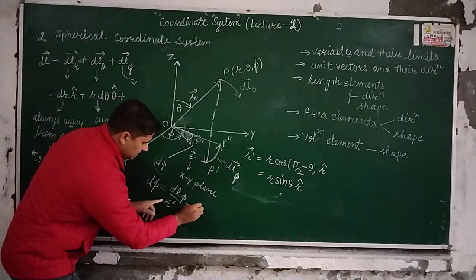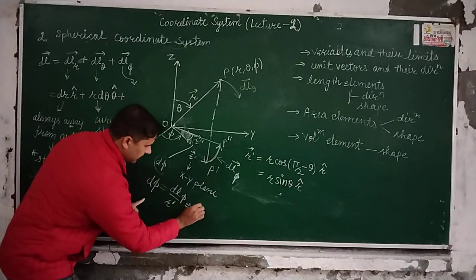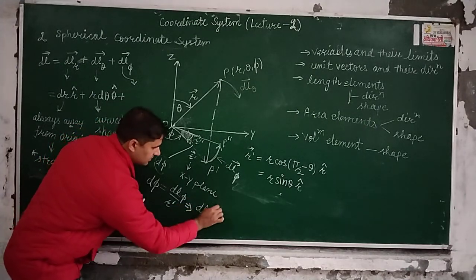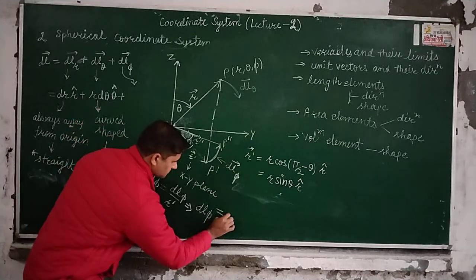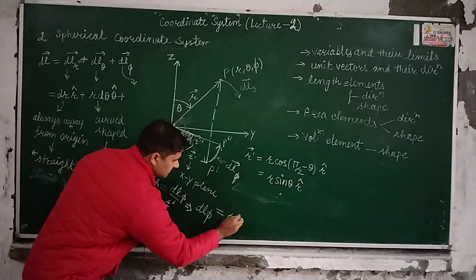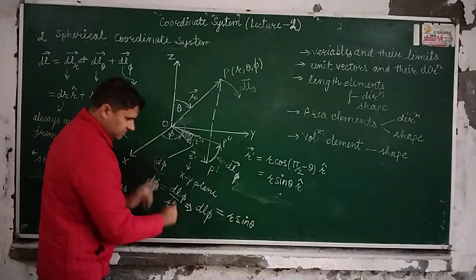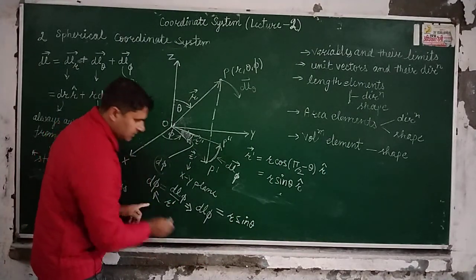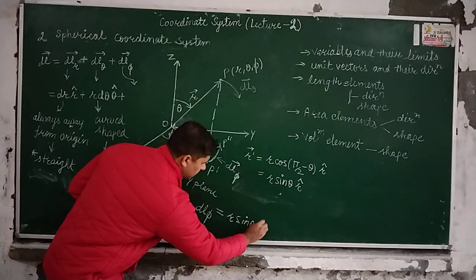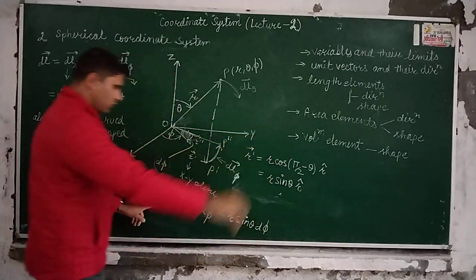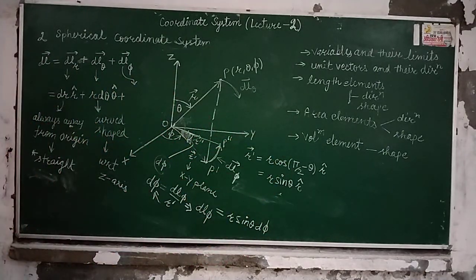So from here you can see that dl phi is equal to the magnitude of r dash, that is r sin theta, into d phi. Cross multiplied, you take r dash to the left hand side, so here you will get d phi. Okay, so this is how you can find the length elements.